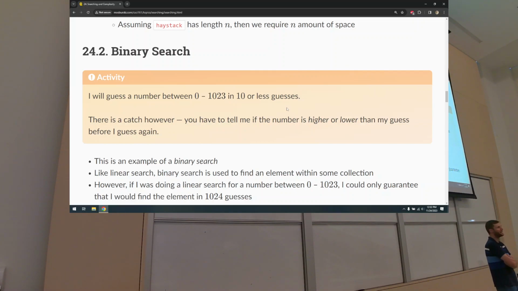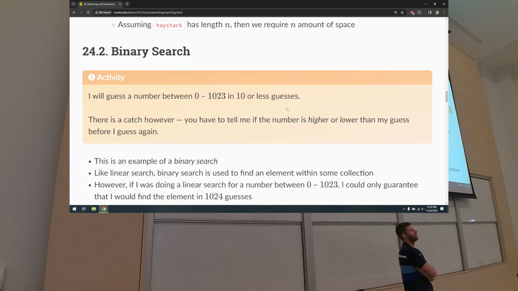I had to be able to know which way the thing I was looking for was. Was it guaranteed to be in the left, the less than pile of 512, or is it guaranteed to be in the greater than pile of 512? The data was sorted. It had a sorted order.